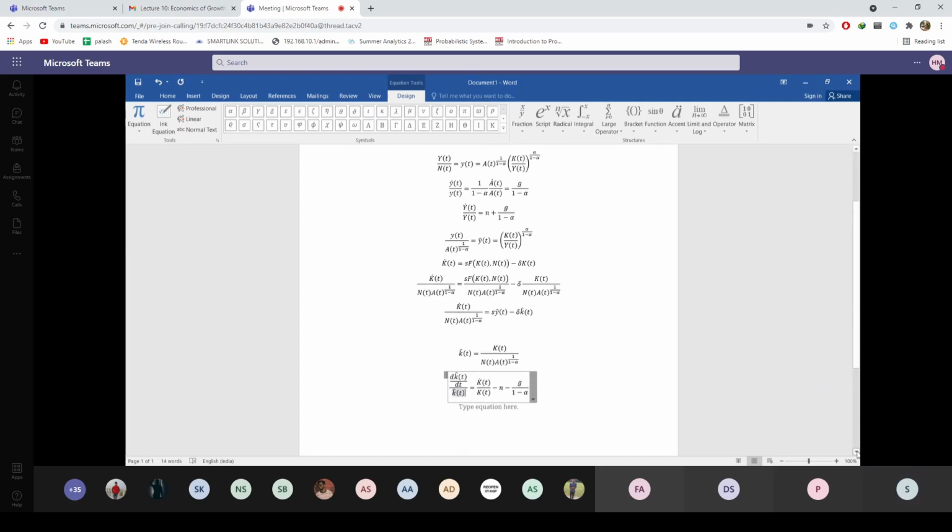Okay. Now if you simply multiply both sides by small k hat dot t, plus this term, there's a plus term here, that multiplied by k hat t is equal to this term.